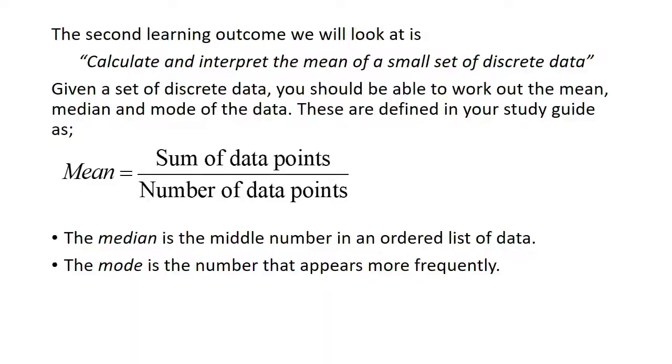For an even number, you will have 2, and therefore you take the mean of those 2. You add them and divide by 2. While for the mode, you only consider the one that appears the most compared to the others. So that, I think, is okay.